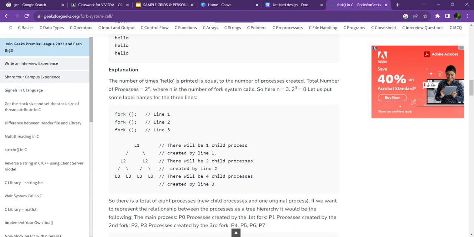For example, in my program, I am having only one fork system call. The compiler will read this fork system call once, and it will generate 2 to the power n, meaning 2 to the power 1, which means that there will be two processes created.